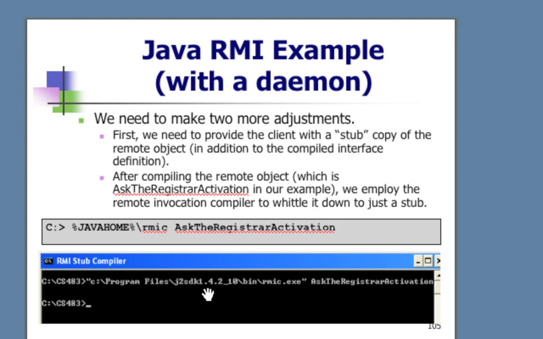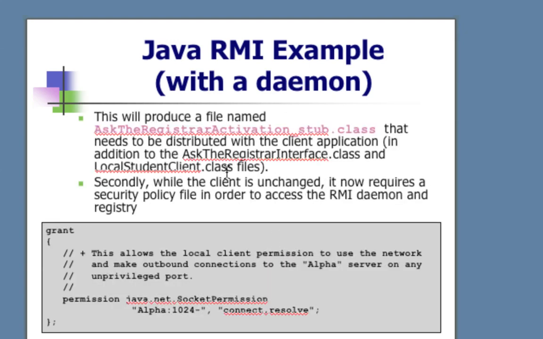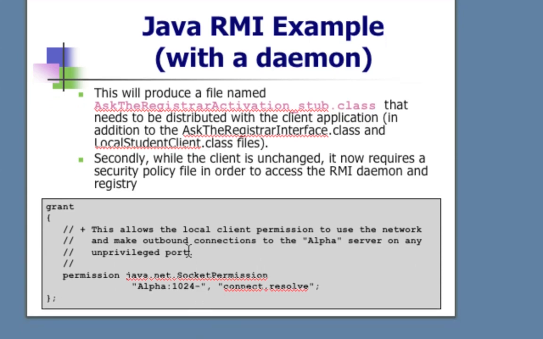So here we're loading RMIC. We are loading the activation stub instead of the other one that was loaded. Then we produce the final file name, AskTheRegister_Stub.class. That's the one I was trying to run, which is the wrong one. I believe I modified it to work with the daemon. I'm going to stop with that because I'll figure it out eventually.